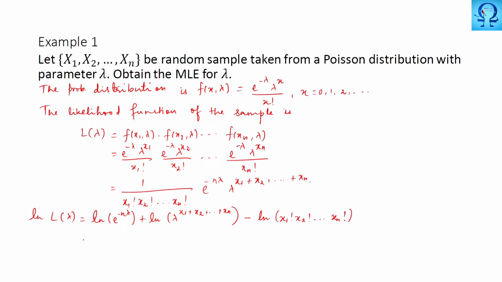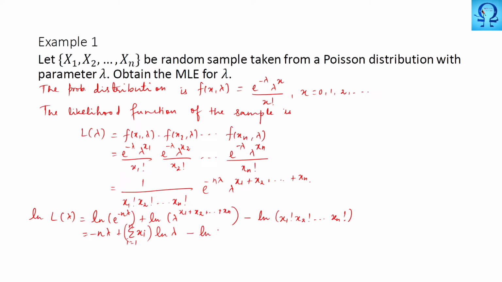Okay, so now this becomes minus n lambda, simply minus n lambda, isn't it? And here we have the summation i runs from 1 to n xi, that is in the power, multiplied with log lambda.